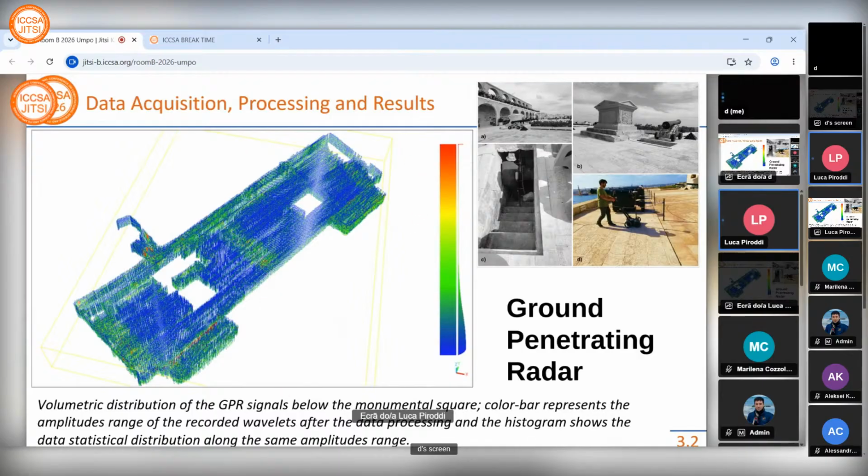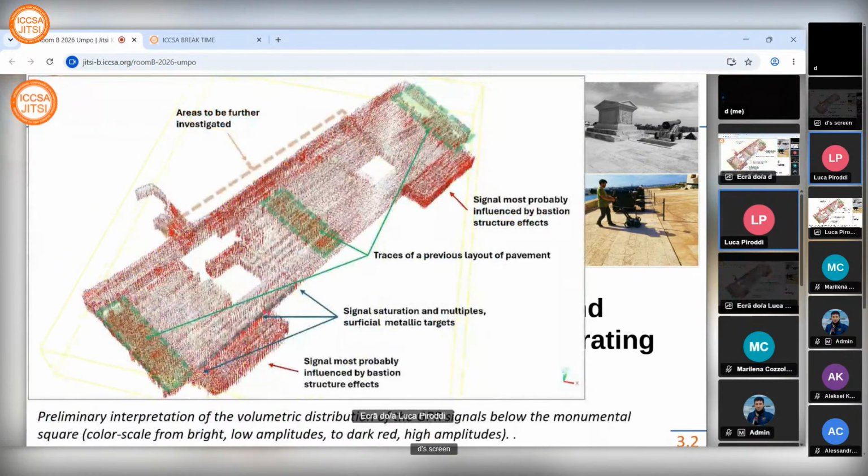Shifting the palette to a monochrome black to red scale, we can start a brief preliminary but still useful interpretation, which could lead to further investigation.